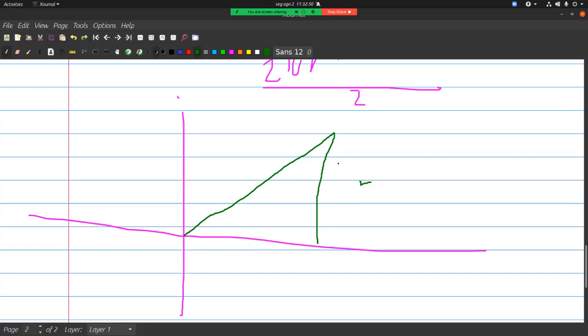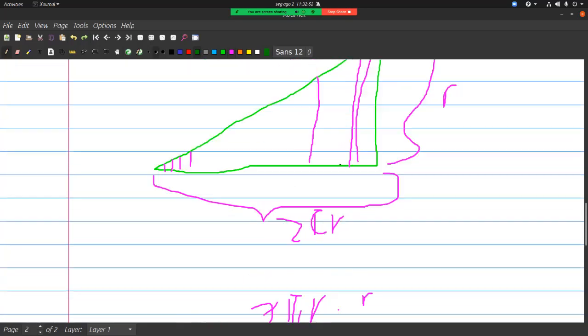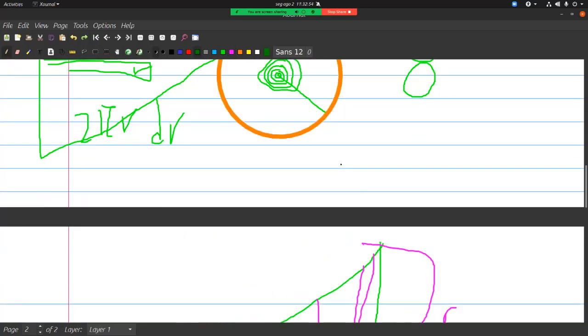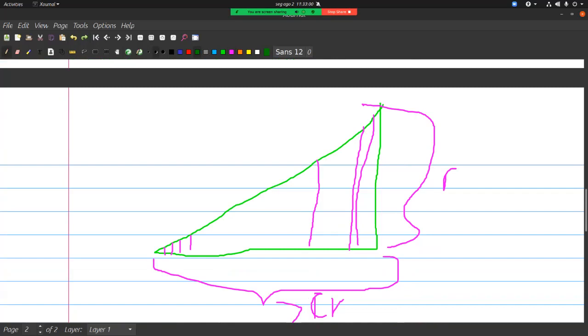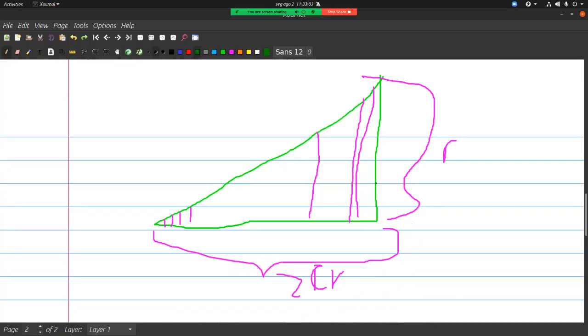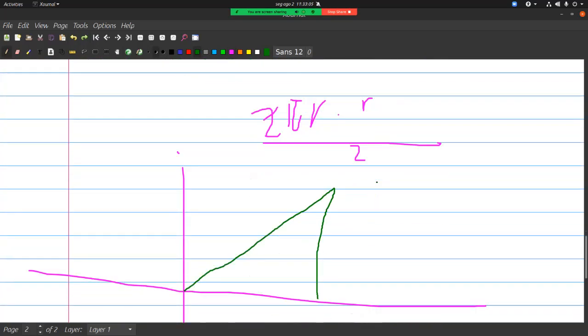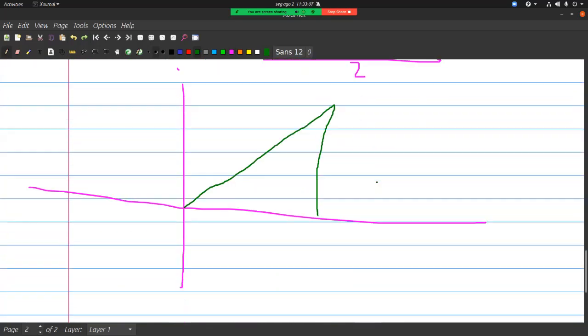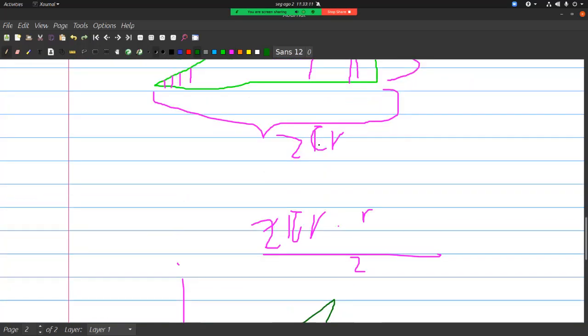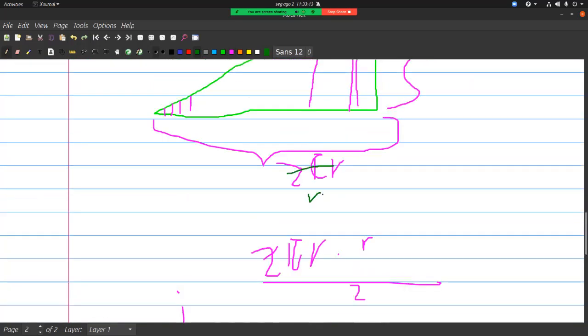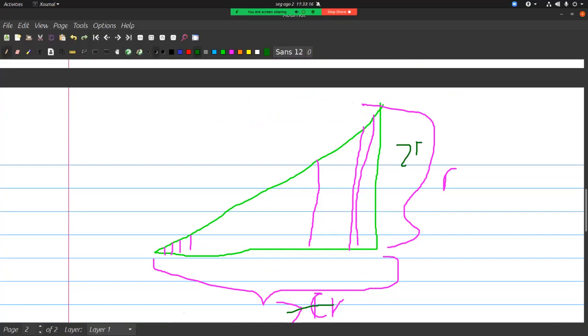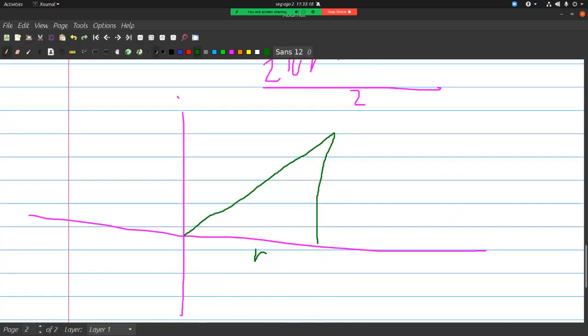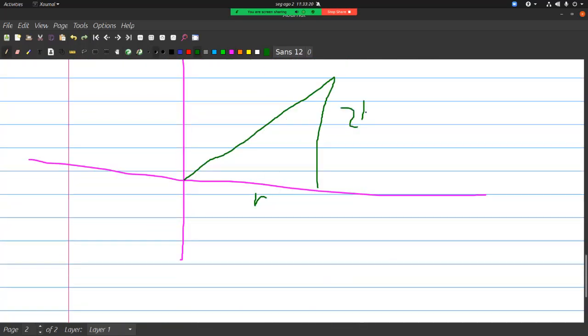Actually, just think a little bit. We're going to sum the little stripes, these little cuts over here. Here is r, and over here is 2 pi r.